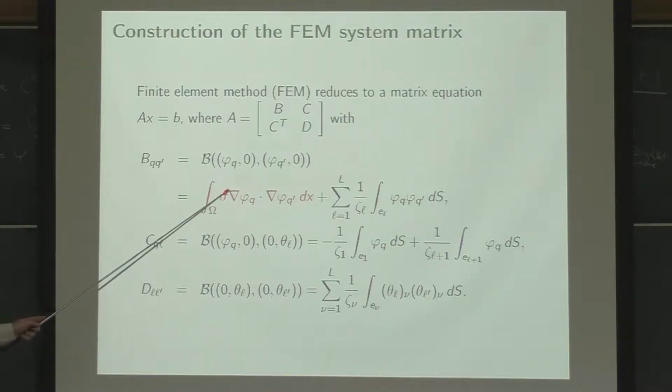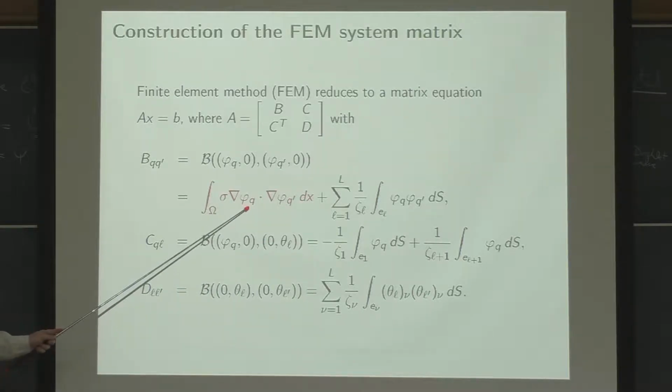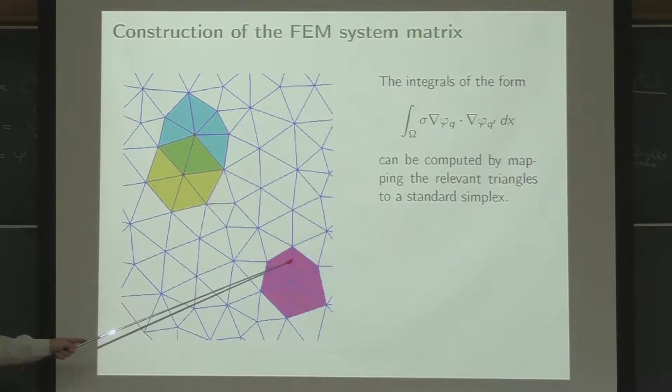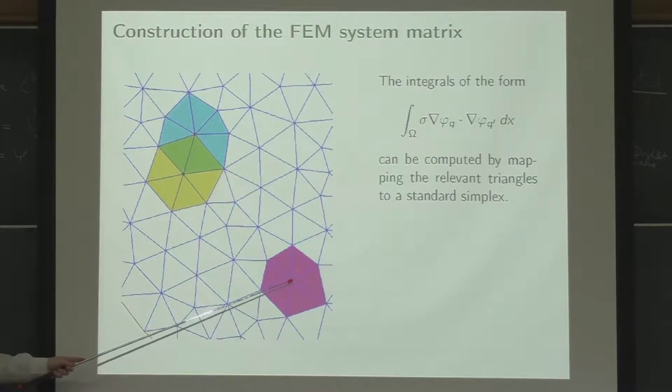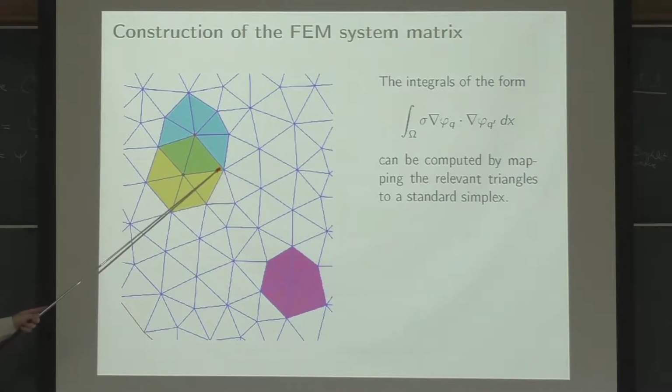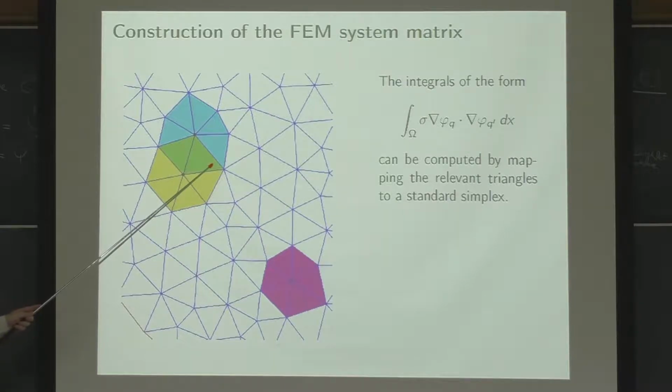And these need to be computed for all pairs of basis functions, but actually many of them are zero, because if there's a basis function here and here, their supports are not overlapping at all. And then for this guy and this guy, there's an overlap of support, so there's a non-zero function to be integrated only inside this part.